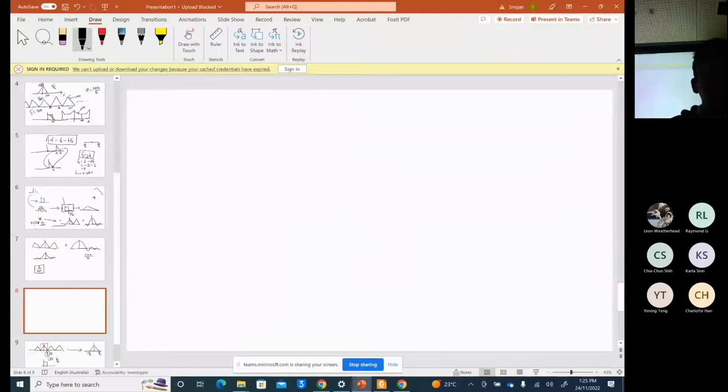So what is quantization? As I told you, it's based on the number of bits. Let's say you have plus or minus 5 volts. Then you divide this range into a number of divisions.